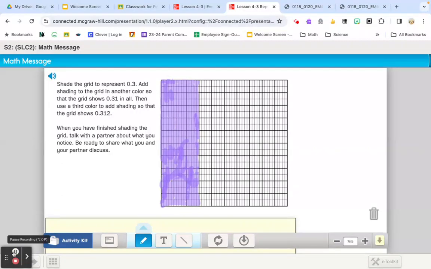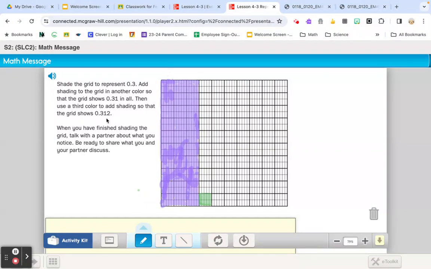All right, as you see here, I have 3/10 shaded in. 3/10 is 3 longs because there are 10 of these in this flat, in this hundreds grid here. And so 3 of them should be shaded. So go ahead and check your work and make sure that you have 3/10 shaded. All right, you can see here in the green, I have added 1/100th. So now completely in this grid, I have 31/100ths in all.